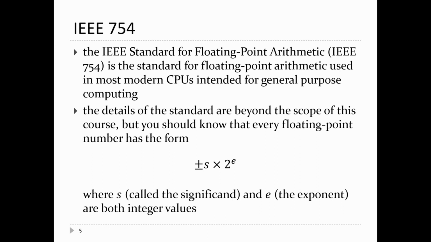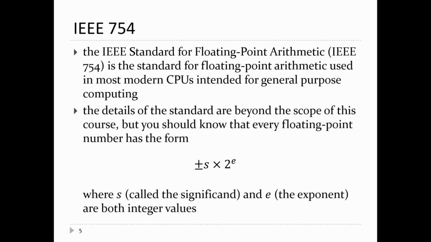Before the standard was created, whoever created the CPU or whoever wrote the compiler would decide how they would work with floating point numbers. So the standard is meant to standardize how floating point numbers actually work. The standard is very long, and many, many people contributed to it. Some of the people who contributed have Turing Awards, which are the Nobel Prizes in computing science. So this was no small task.